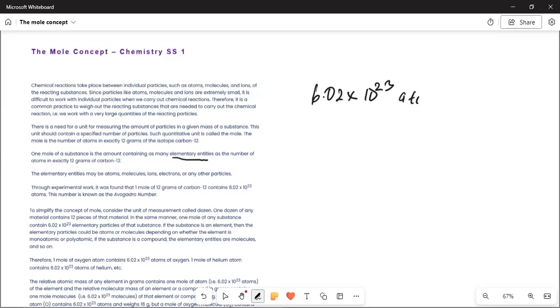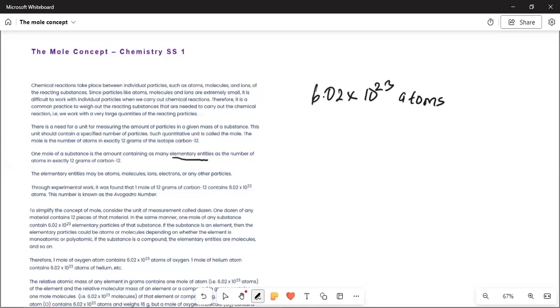Remember in our previous lesson where we talked about relative atomic mass, we said carbon 12 is used as a standard. So it is here used as a standard again in our definition of mole. So one mole of any substance at all is what? The amount containing as many elementary entities as the number of atoms in exactly 12 grams, or one mole, of carbon 12.